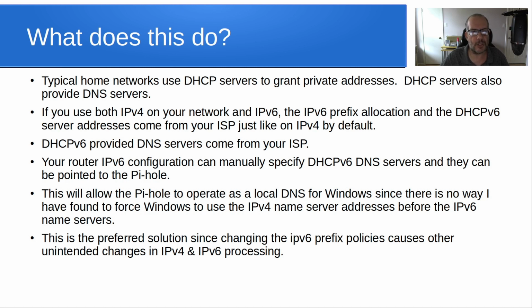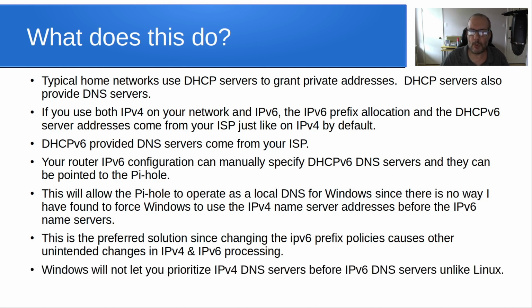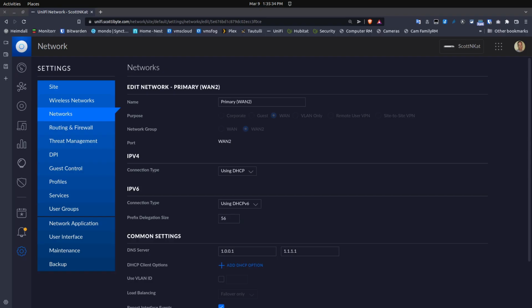So what I'm going to suggest is a much better and also safer way to do this. So Windows will not let you prioritize IPv4 DNS servers before IPv6 DNS servers, unlike Linux. So let's go see how this works.